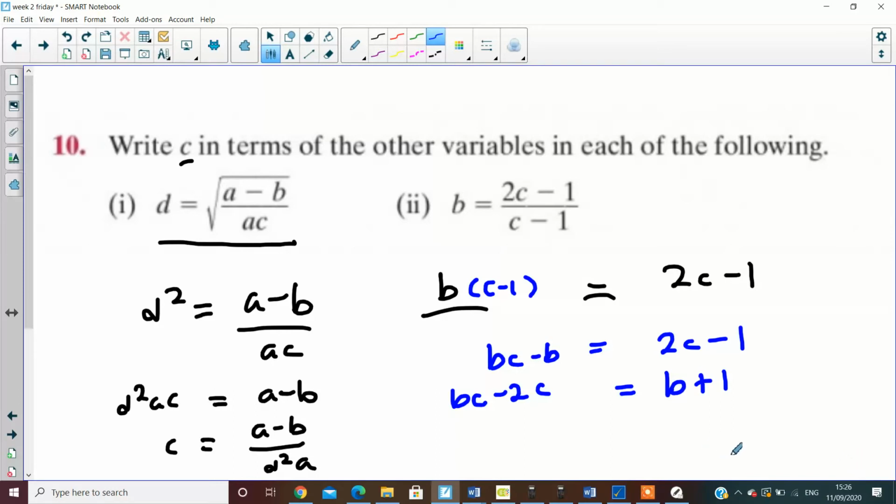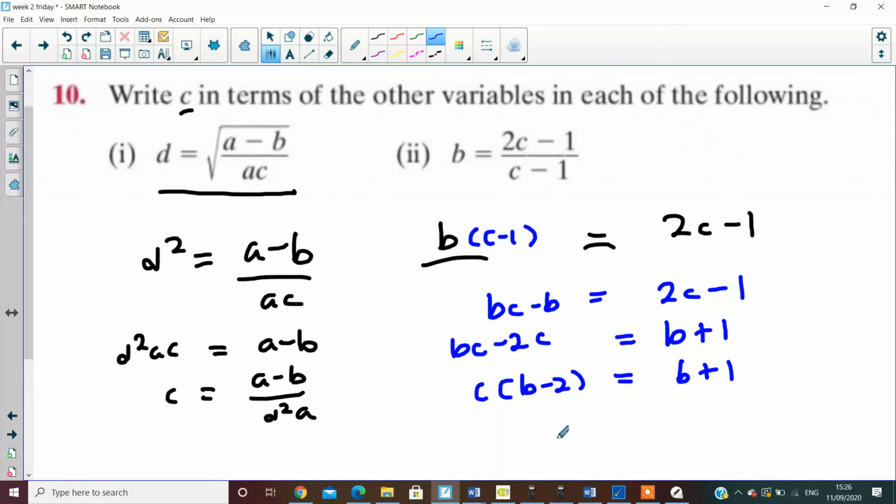Factorize out the C, and you're left with C all over into B plus 1. Now what? B plus 1 over B minus 2 is multiplying on the left, which makes it division on the right. Yes, sir?